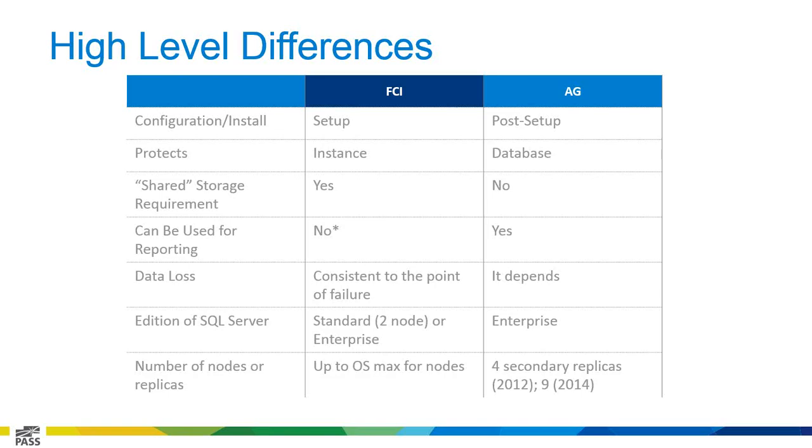Now, here's the other thing about synchronous versus asynchronous. People I see are always getting in a tizzy about asynchronous meaning data loss. That's true. However, what asynchronous really means is that once the AG sends the transaction over, it doesn't wait for the ACK back that it's been hardened in the log on the other side.